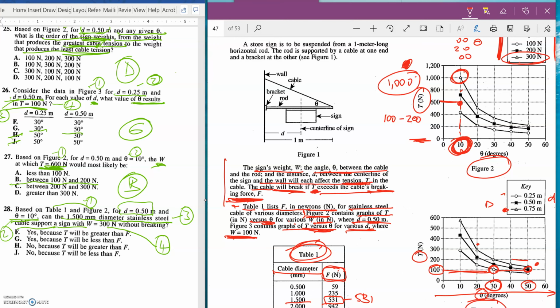So the cable will break because the tension is greater than the F of the cable diameter. So what's the question? Can the cable support a sign? So no, it can't, because it's going to break. So we know that F and G are out because they say yes. Now we just have to find the right answer. No, because T will be greater than F. Yes, that's true. It's H.